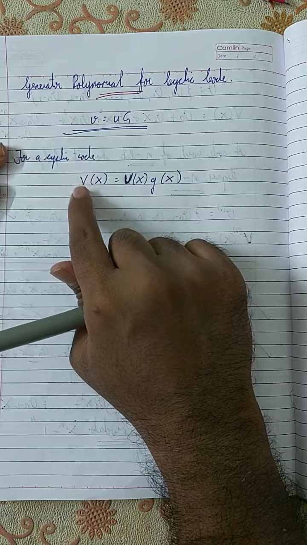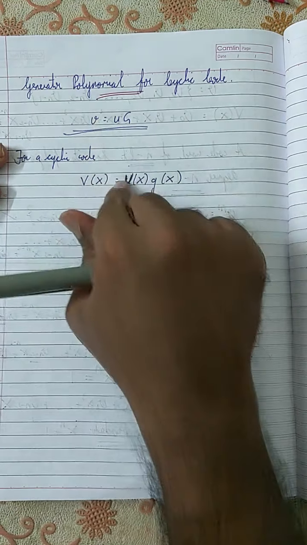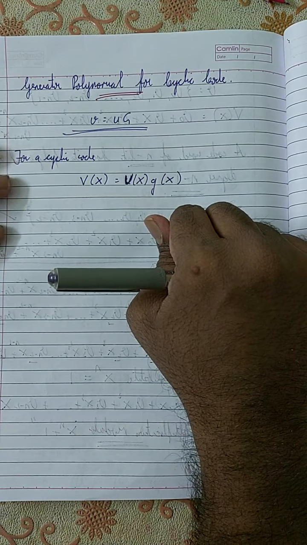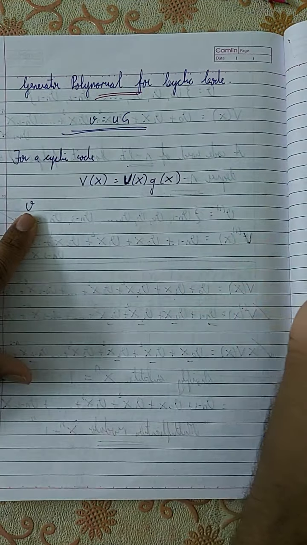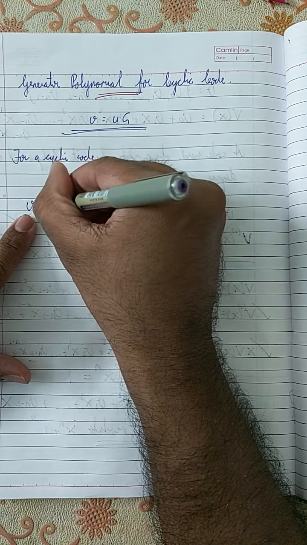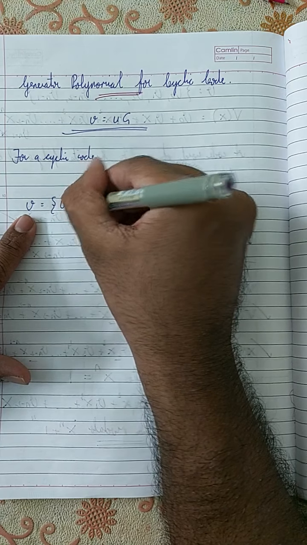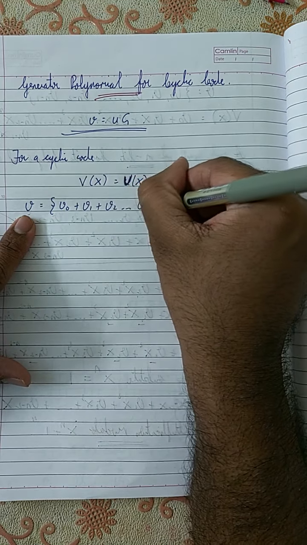Okay, so what is V(x) and what is U(x)? We can understand from all these terms when you compare these two equations, right? We all know that v is the transmitted code word or the output code word, which is of n bits. That is represented as v0, v1, v2 up to vn-1.